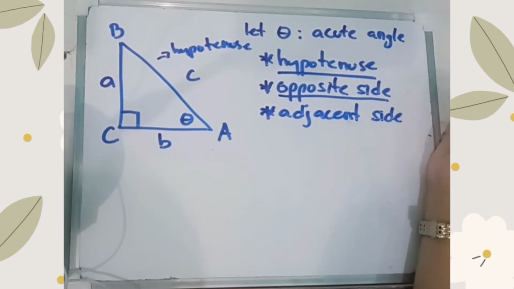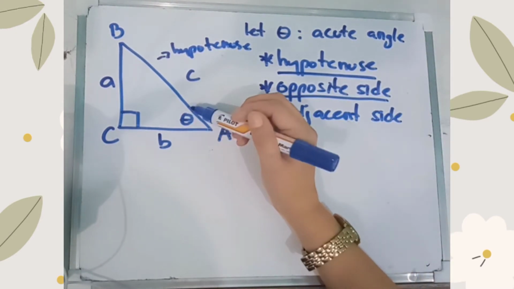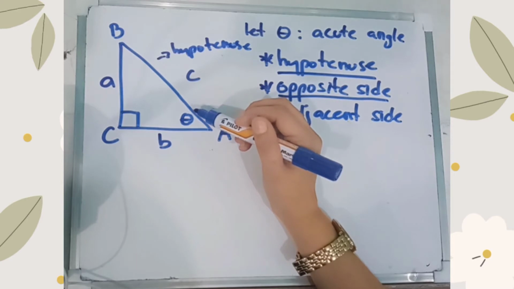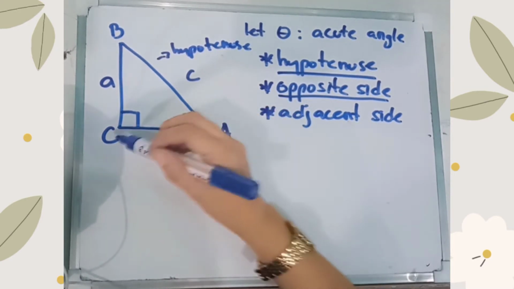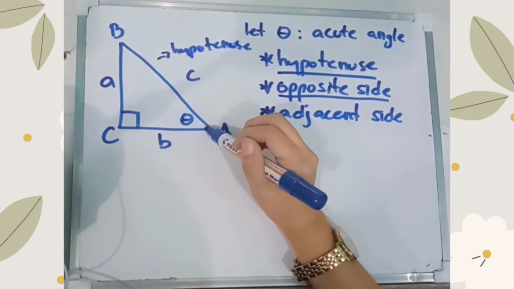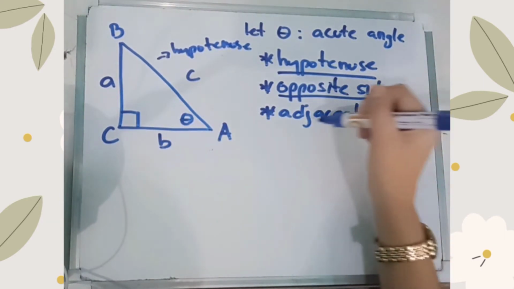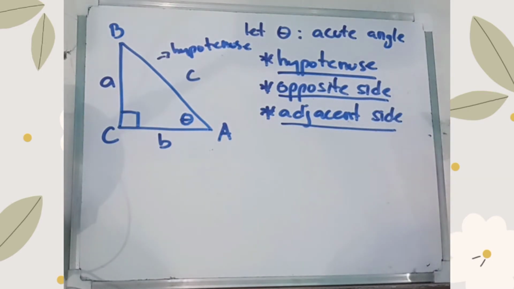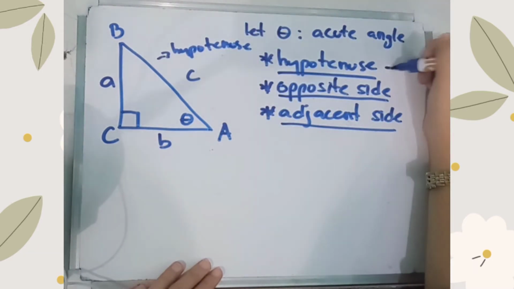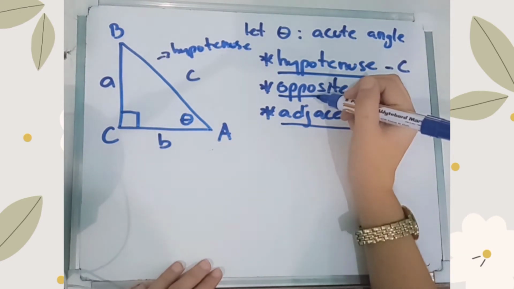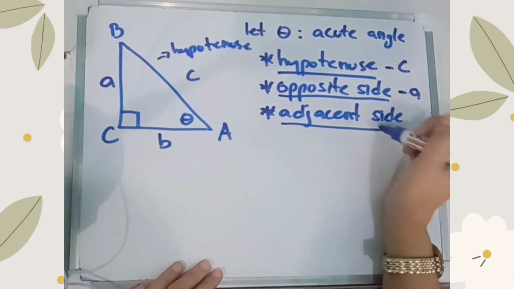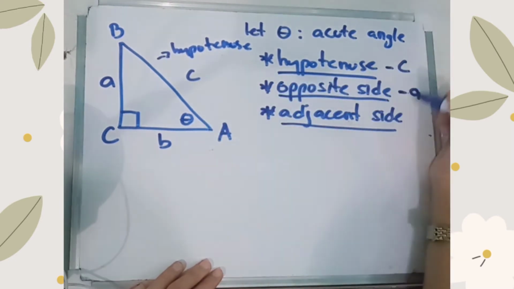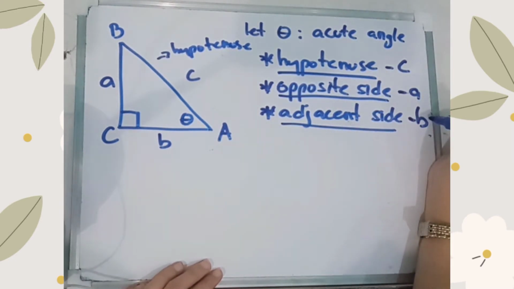When we say adjacent, it means beside. In relation to our angle theta, the adjacent side is the side adjacent to the acute angle. Here in our illustration, the adjacent side is side b. So again, hypotenuse, that's side c. Opposite side in relation to angle theta, that's side a. Adjacent side, adjacent to angle theta, that is side b.